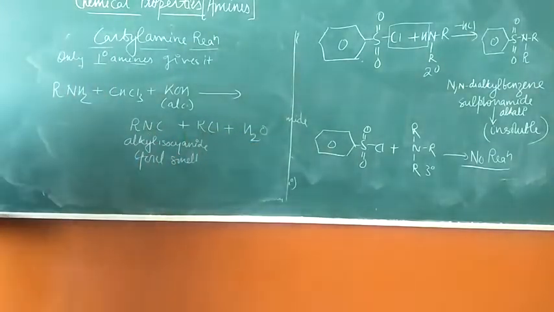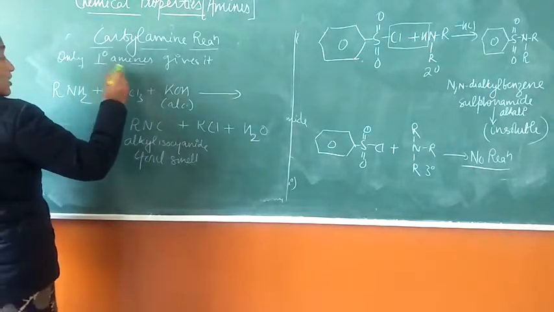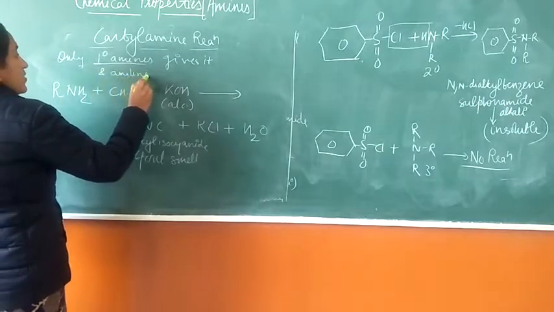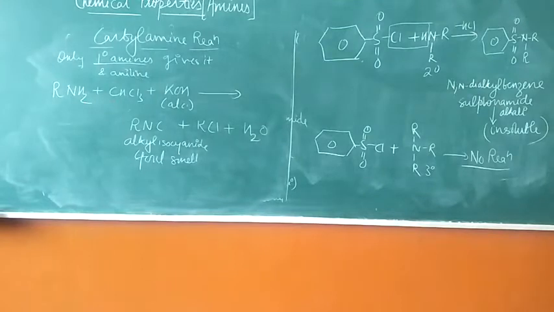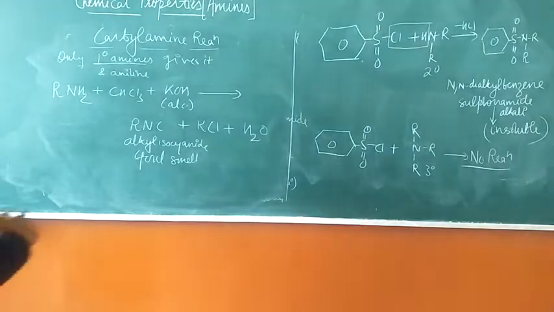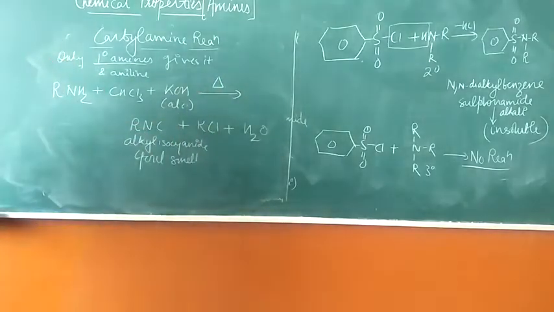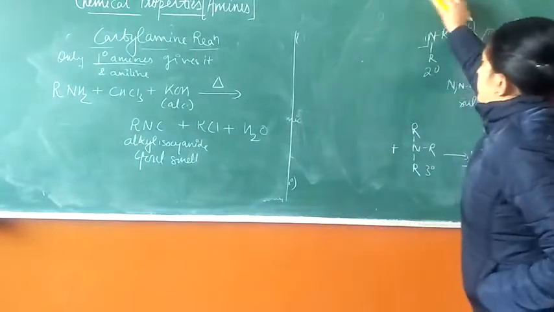This test will be given by primary amines, aliphatic amines, and aniline will also give it, since aniline also comes under primary amines. So it will show the carbylamine test, and this reaction requires heating.